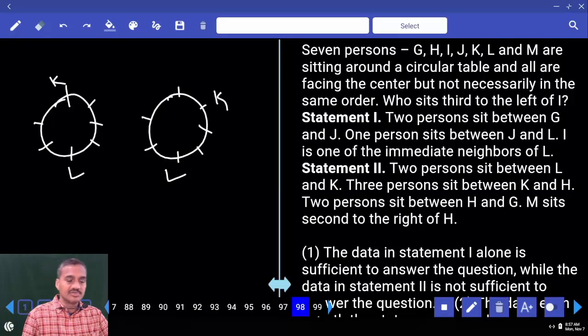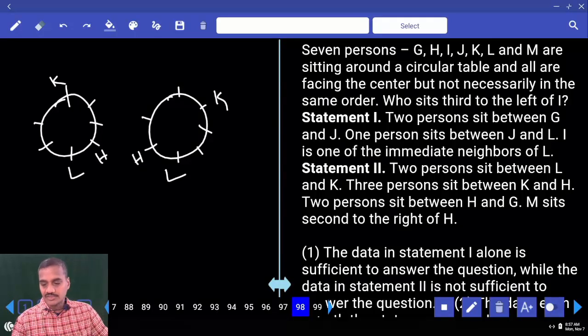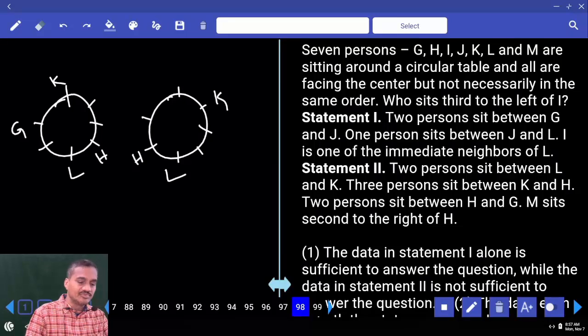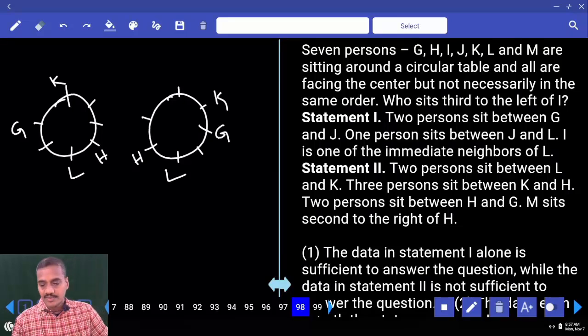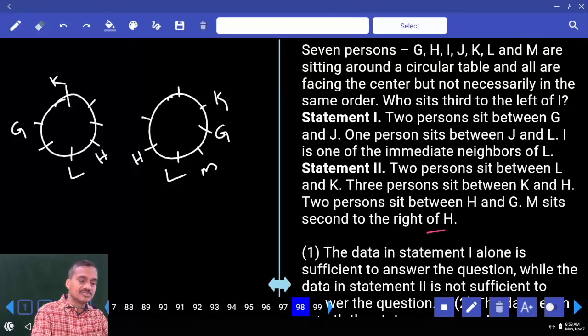And 3 persons between K and H. Now 3 in between K and H is here, and 1, 2, 3, H is at this place. And 2 persons between H and G. G is here. M is seated second to the right of H.